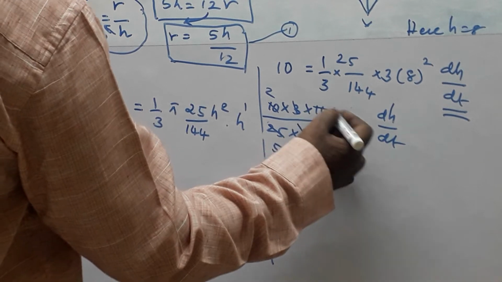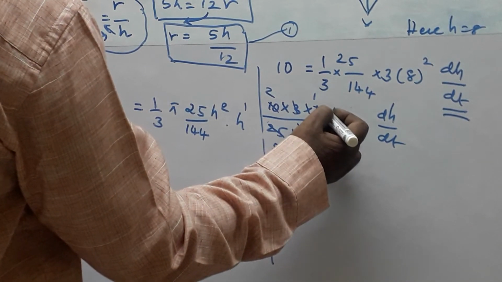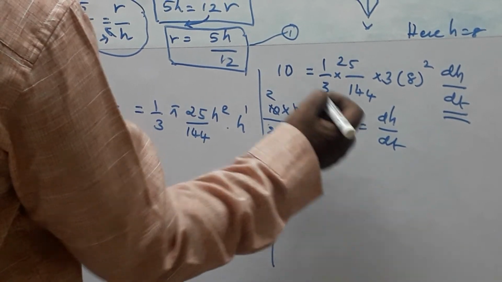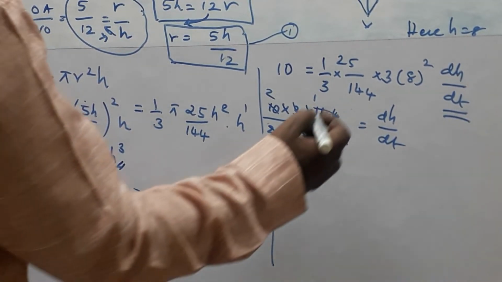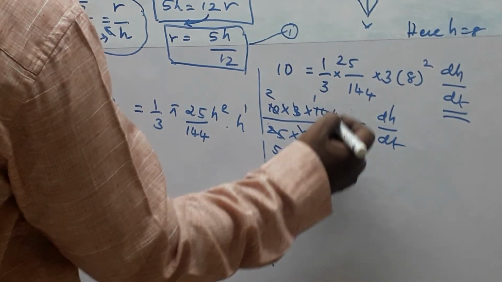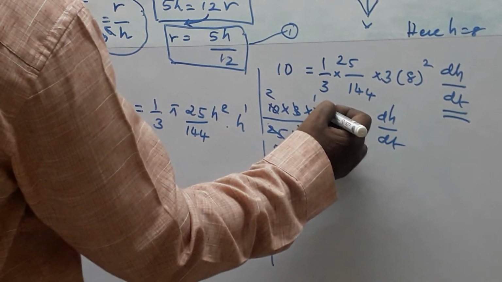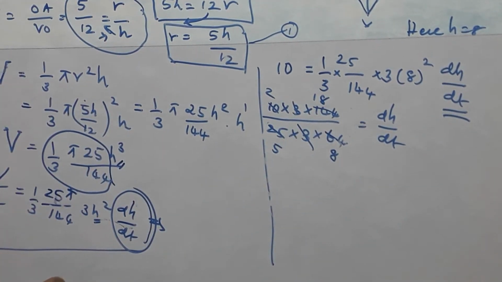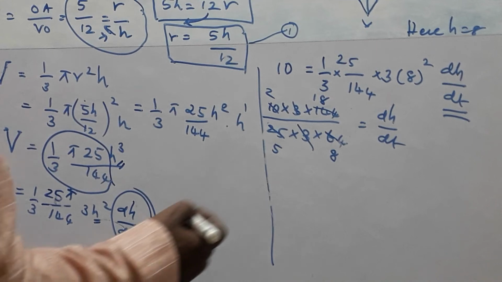Here 1 eight is 8, remaining 6. So remaining 6 divided by 8; 64 means 18. Are you clear?